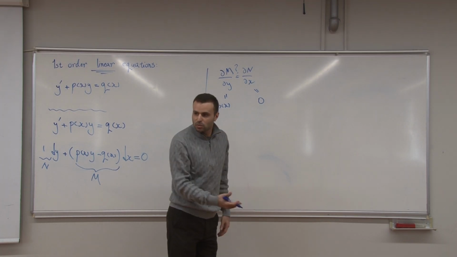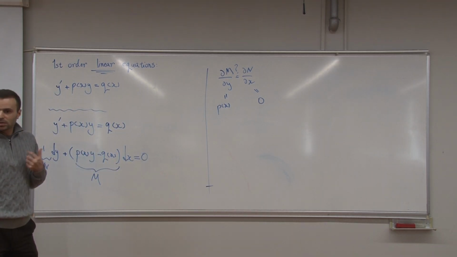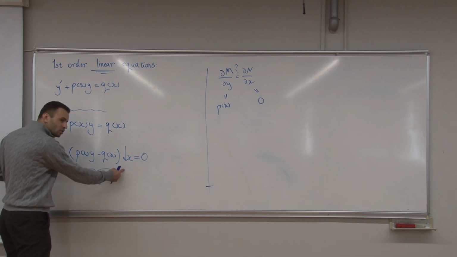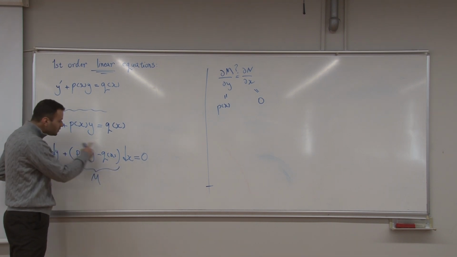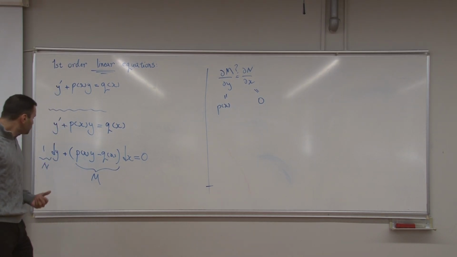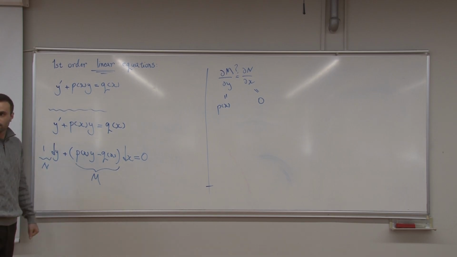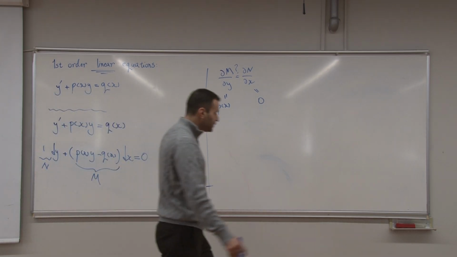So what was the next question? It was this: do we have any integrating factor such that if we multiply this equation with that integrating factor, then we are going to have an exact equation or not? Can you find an integrating factor for this equation? What were the cases that we were checking?